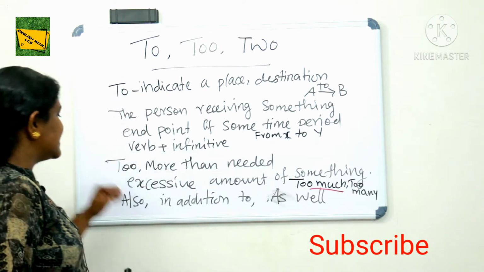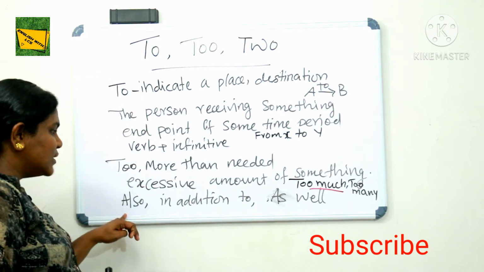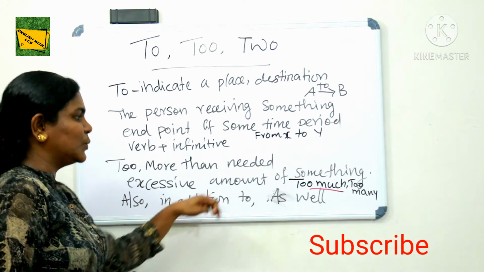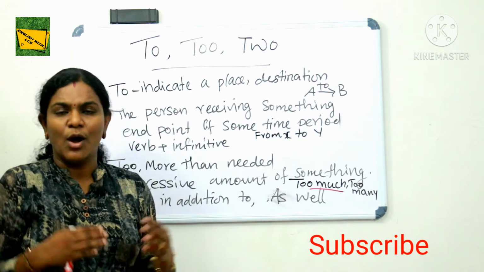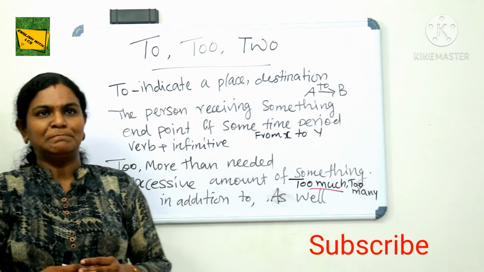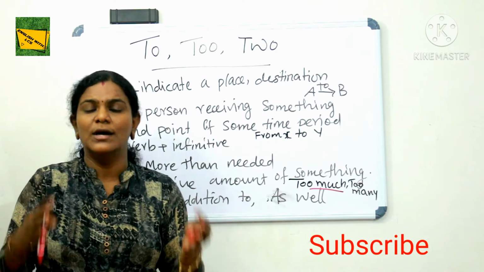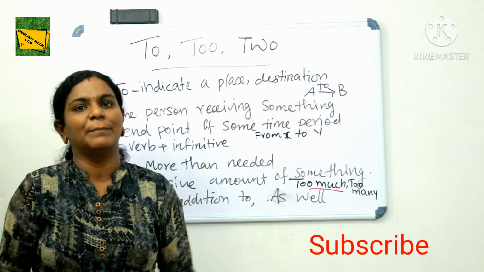And the next one is, in order to indicate also, in addition to, and as well, we can use too. Also means we can say like Ram too wanted to go to the party.